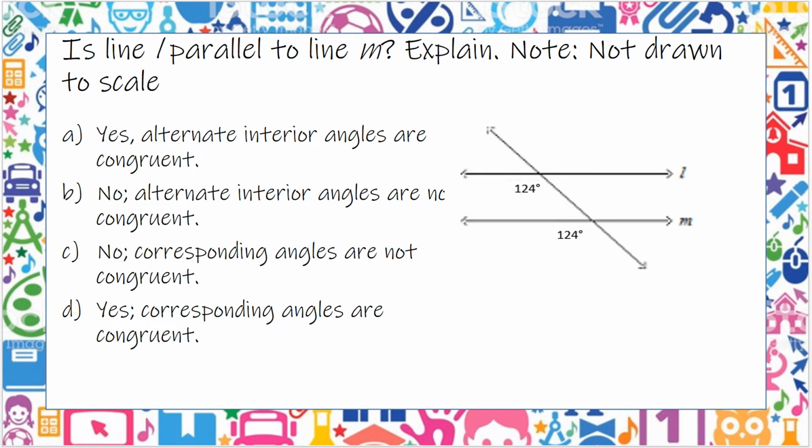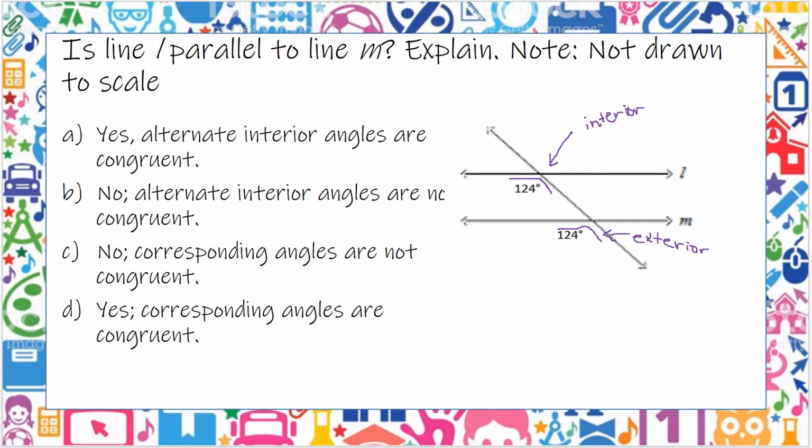Is line L parallel to line M? So we're going to look at the two angles they gave us here. This one and this one. Notice here, this 124 is on the interior, and this 124 is exterior, so it can't be alternate interior or alternate exterior, but it could still be corresponding.